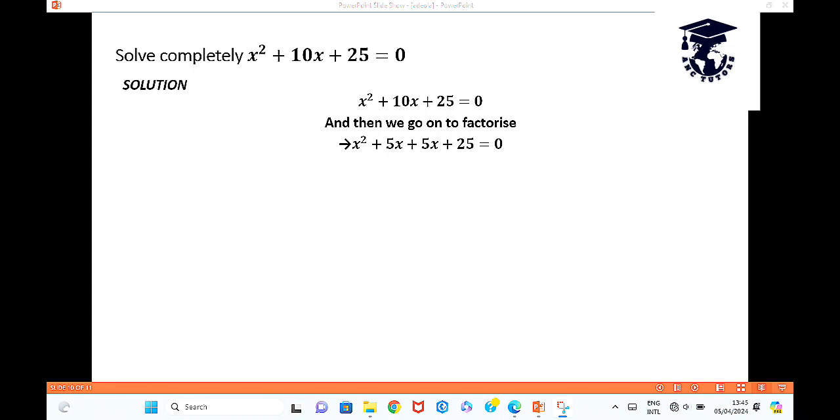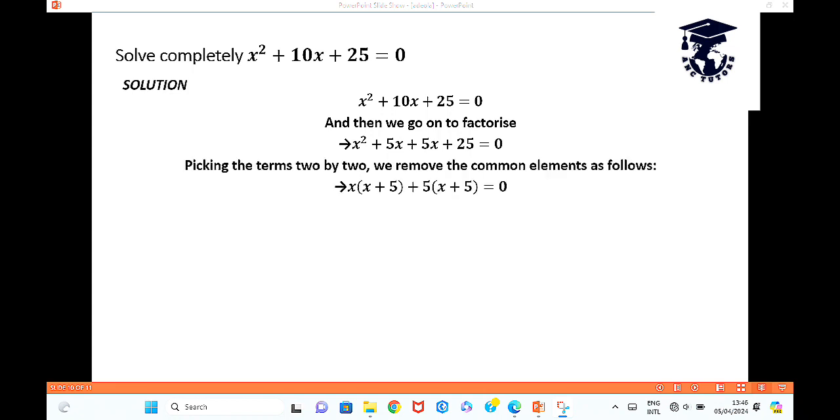So we use these two numbers to replace the second term in the above expression, and that gives us x squared plus 5x plus 5x plus 25 is equal to 0. Picking the terms 2 by 2, just like we did in the previous video, the first two terms are x squared plus 5x.